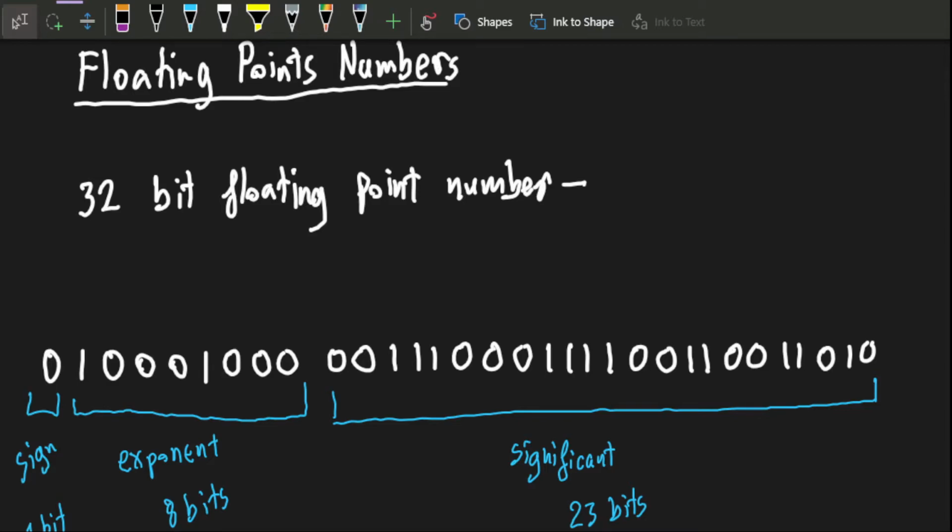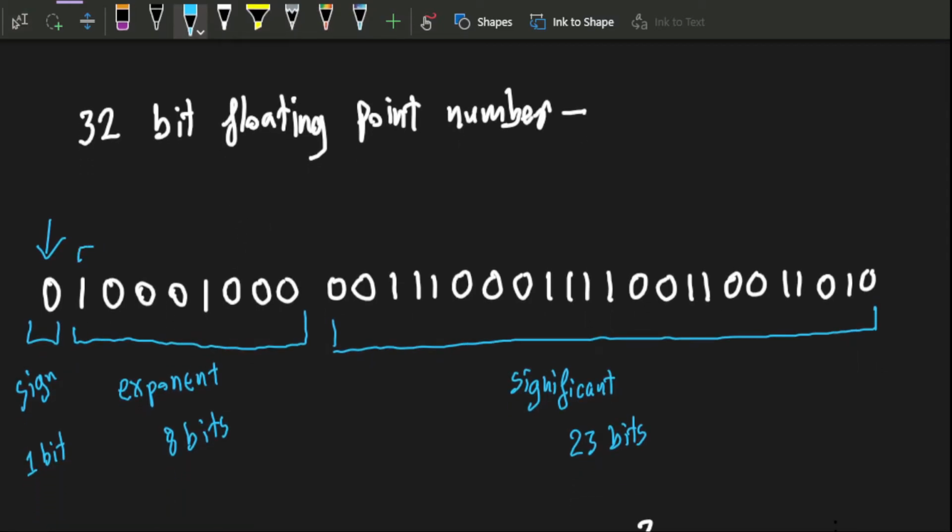Supposedly, the first bit is used for the sign. These 8 bits are the exponent, and this is called the significand.